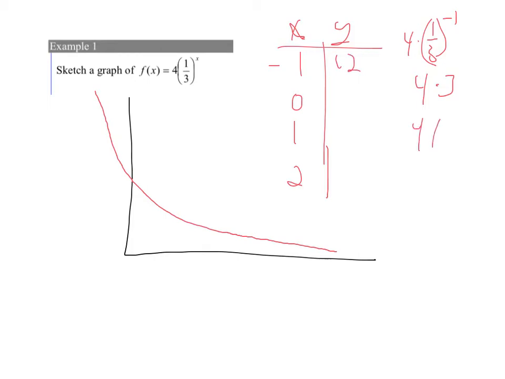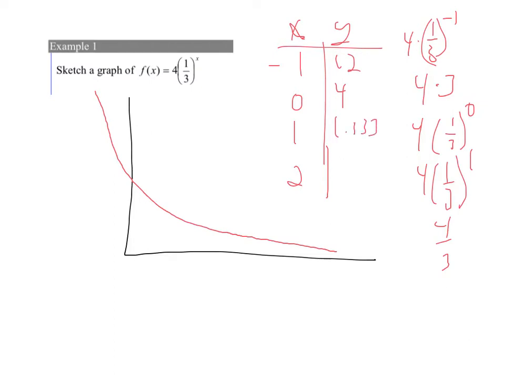Then 4 times 1/3 to the 0. Anything to the 0 power is 1, so 4 times 1 is 4. And then 4 times 1/3 raised to the 1 is 4 over 3, which is 1 1/3, or 1.333.